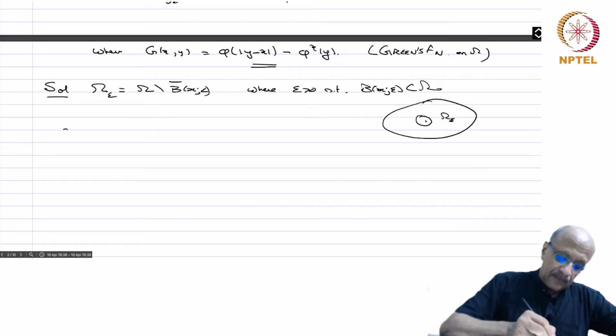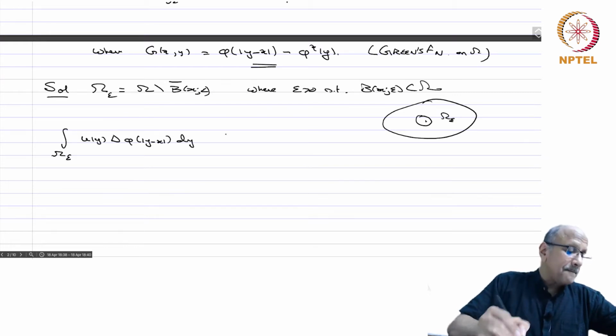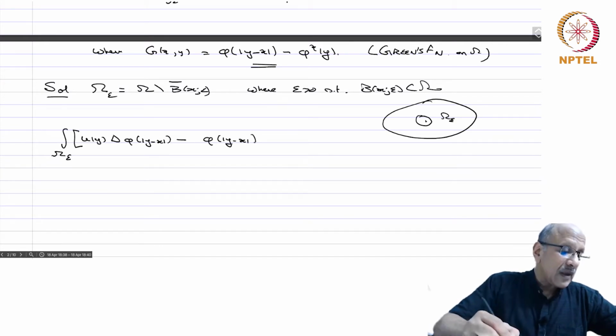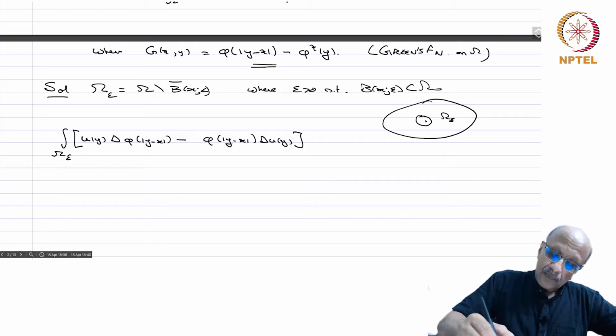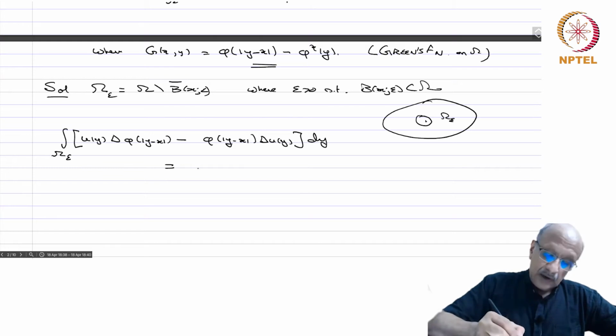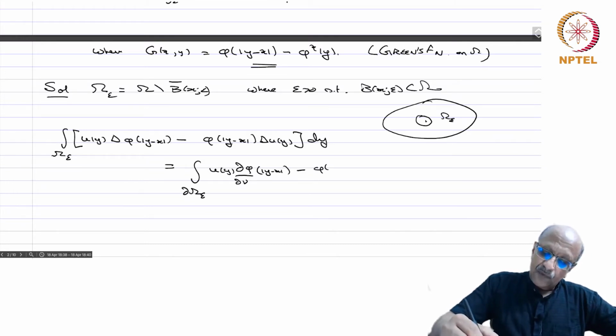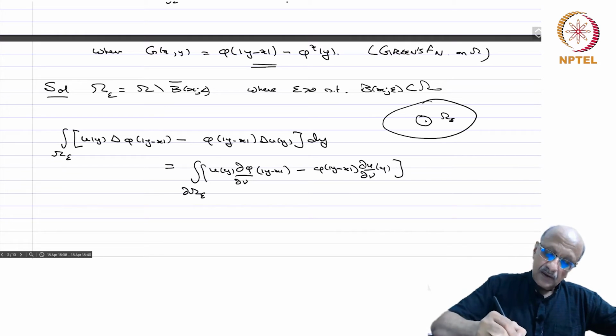So you have that the integral on omega epsilon of u of y delta phi of mod y minus x dy minus phi of mod y minus x delta u of y dy is equal to the integral on d omega epsilon of u of y d phi by d nu of mod y minus x minus phi of mod y minus x du by d nu at y d sigma y.